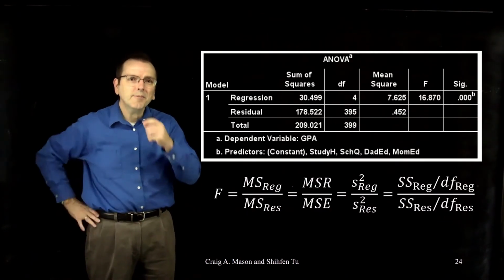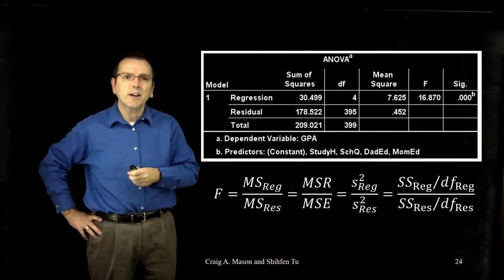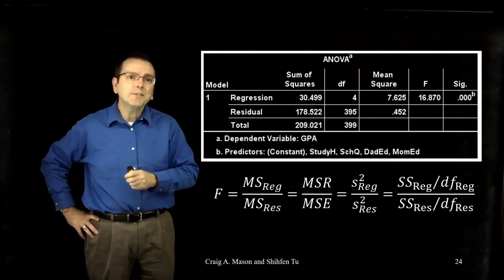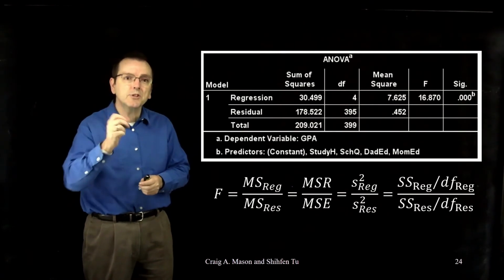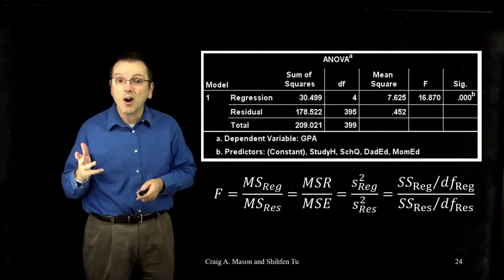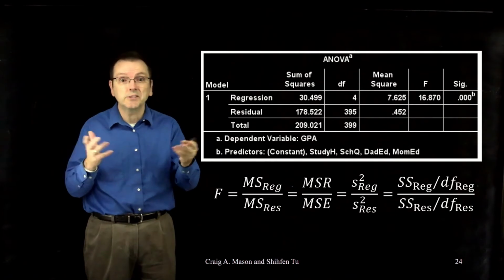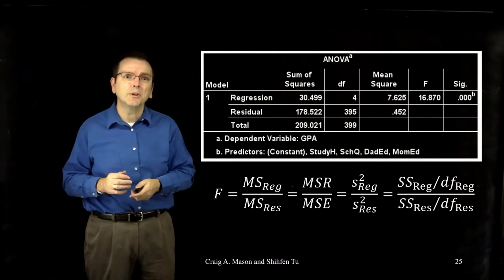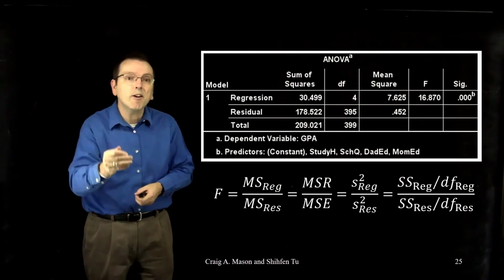And also while we're here, let's do a quick review of some of the calculations for our F statistic. Remember, F is equal to the mean square regression divided by the mean square residual, which you may see written as MSR divided by MSE, for mean squared error. The mean square error is just another way of saying mean square residual. We also saw that you can think of these as variances.